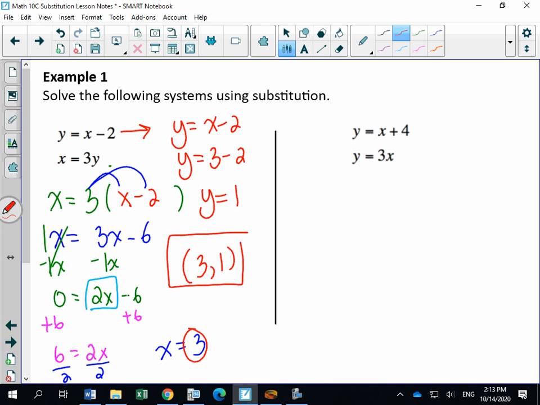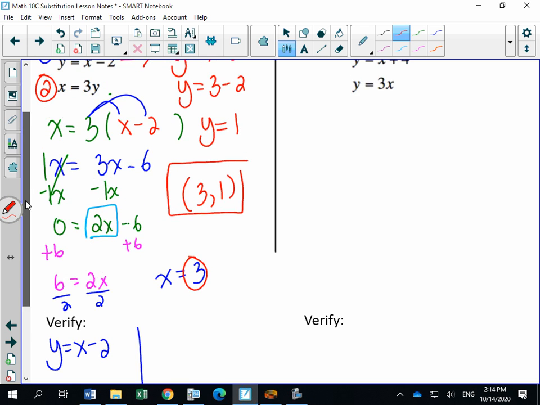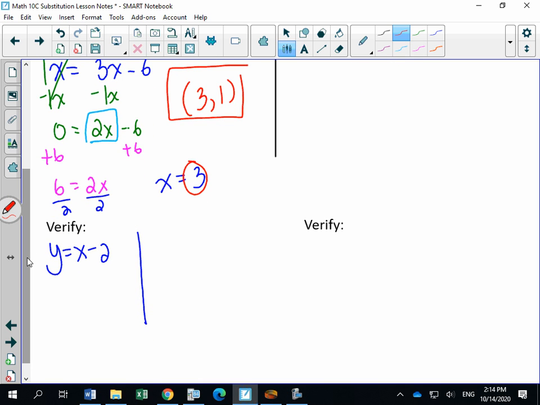For all of your solutions, you always need to verify. So we've got two different systems. I'll call this one system 1, and I'll call this one system 2. When I verify, my first system is y is equal to x minus 2. My second system was x is equal to 3y.